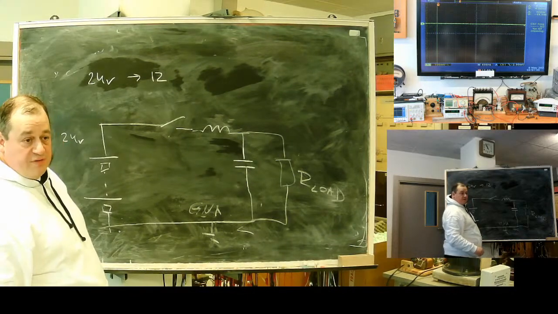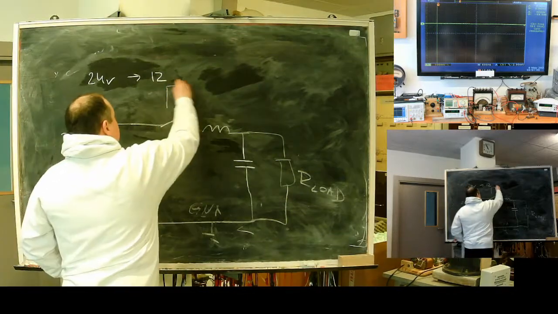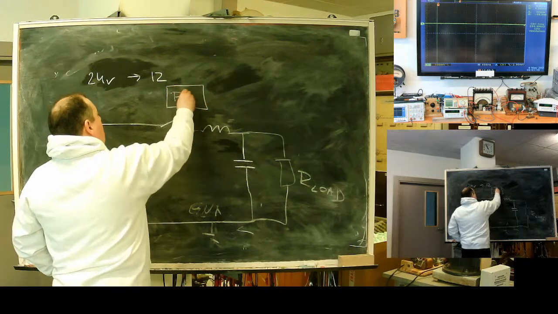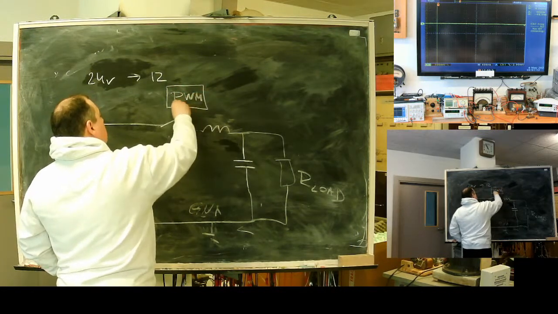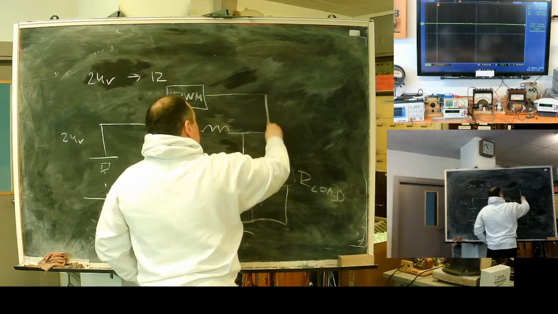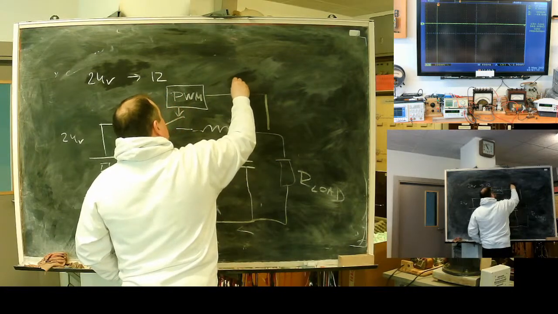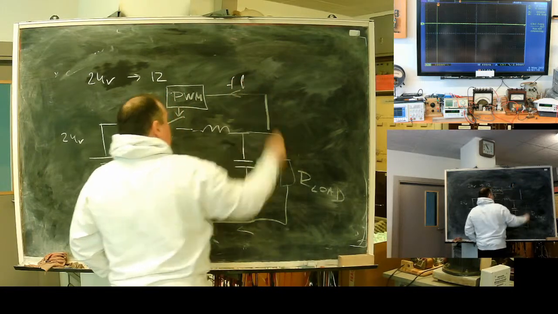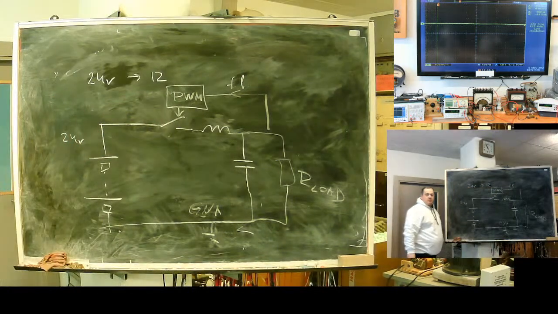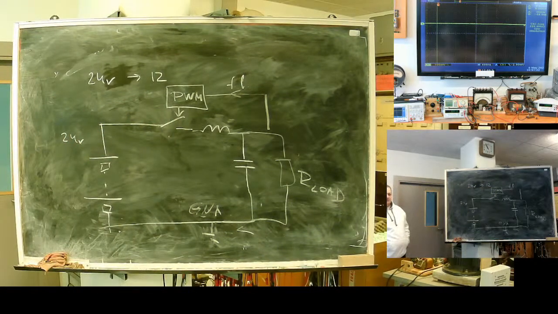Someone needs to control the switch. A pulse width modulator will control it by the feedback signal. How does it work?